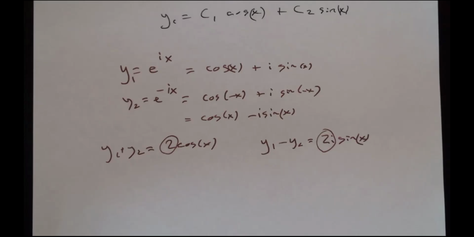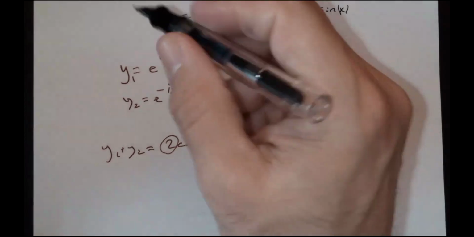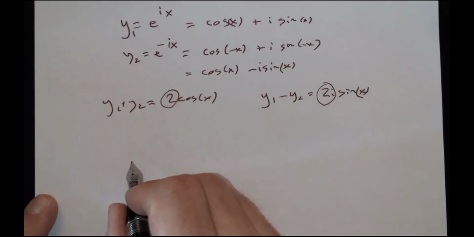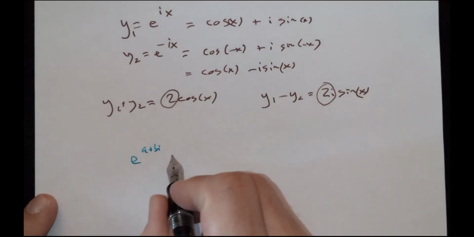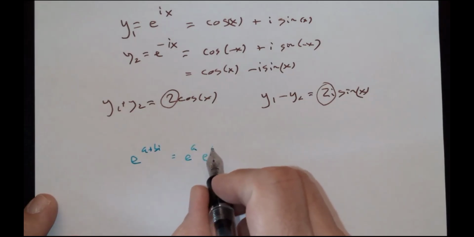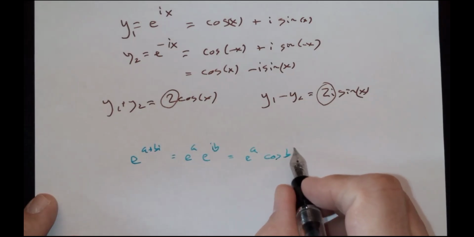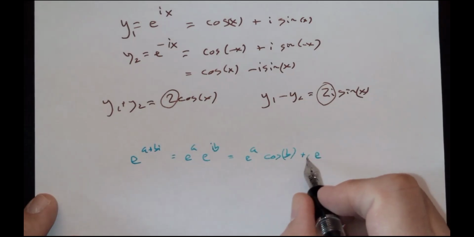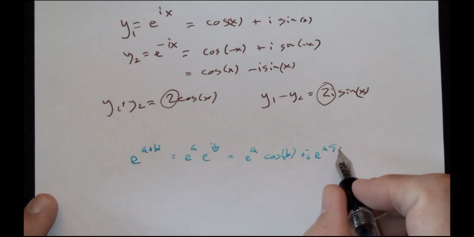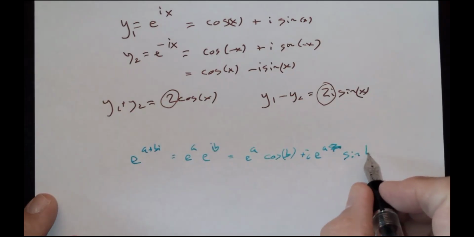Oh, Noah, if it's e to the something that's not just i, if it's e to the (a plus bi), we write it as e to the a times e to the ib, and then we get e to the a cosine b plus i e to the a sine b.